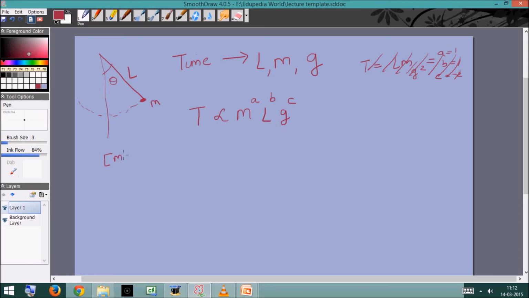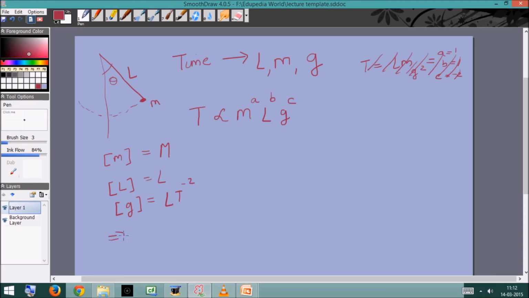Let's write the dimensions of all three here. The dimension of m is capital M, that's its mass. The dimension of L is L, that's it. The dimension of g is that of acceleration due to gravity. We saw earlier the dimension of acceleration is LT to the power minus 2.